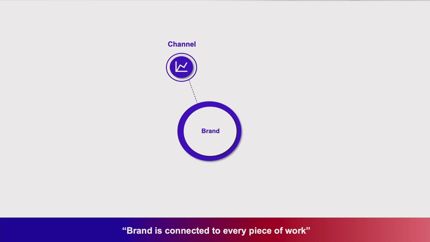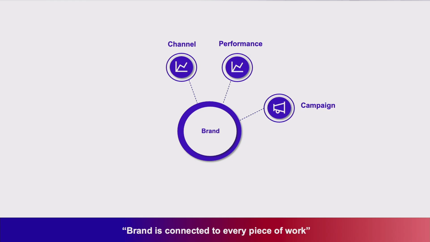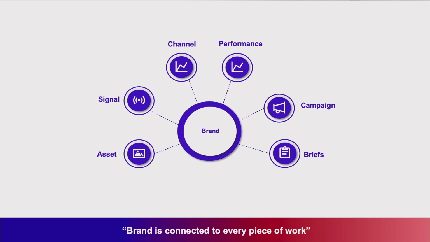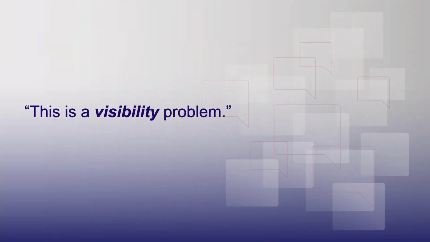That's the same for channels, the performance of the channel, the campaigns, the briefs, the signals. They actually have this information. The problem is the visibility of it. The information is scattered and you need to go to different places and do different kinds of filtering and searches to reach it.